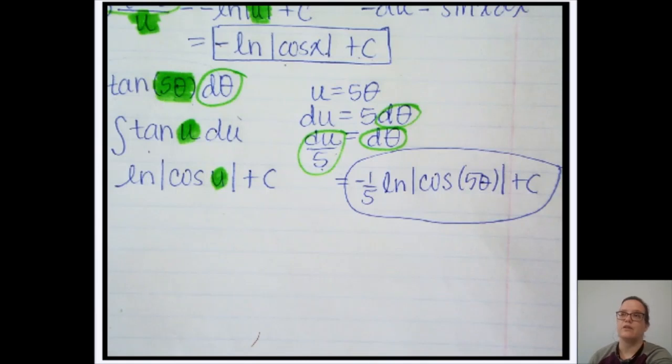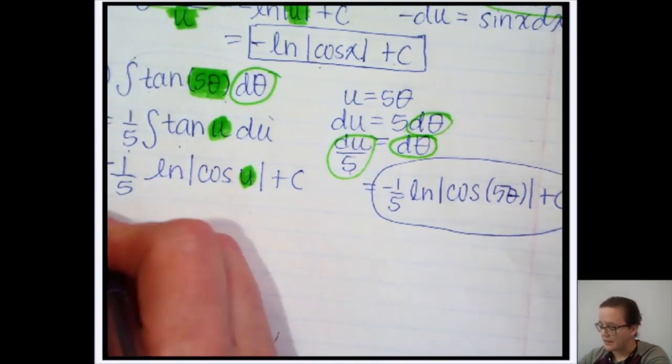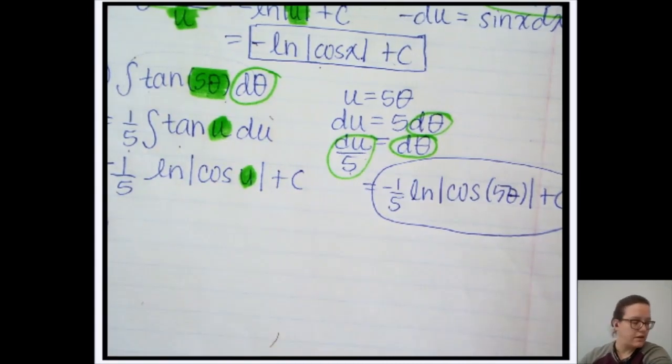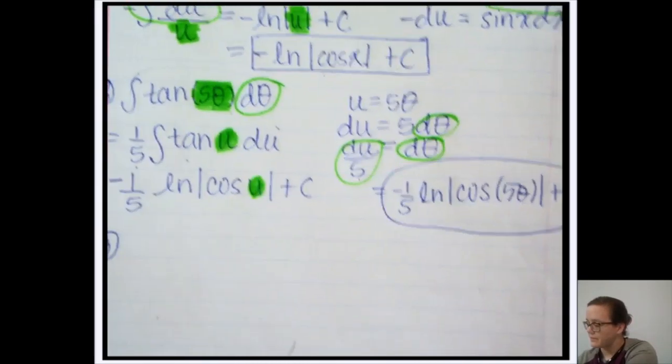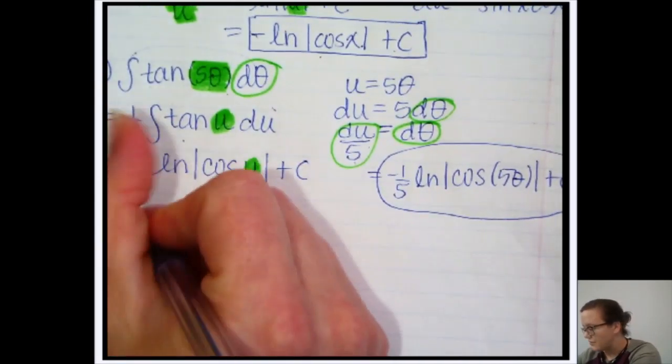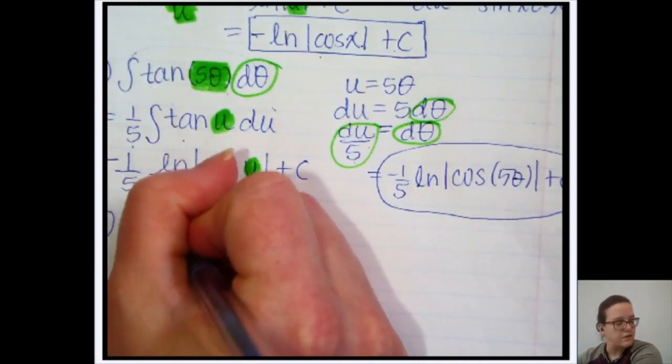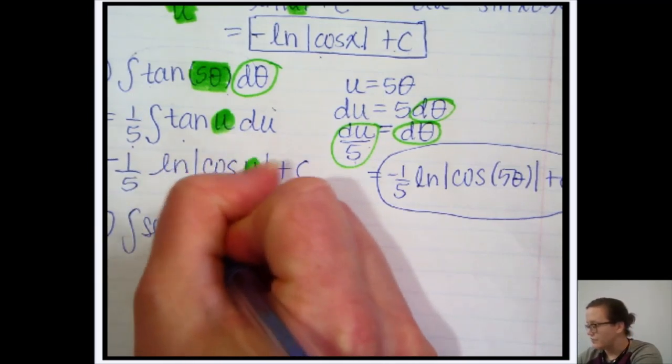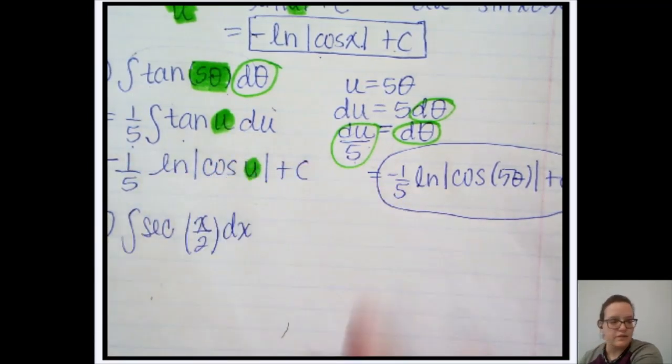Okay, so we're just using that u substitution that we've used in the past, but it does end up with a natural log. Okay. So now let's look at the integral of secant of x over 2 dx.